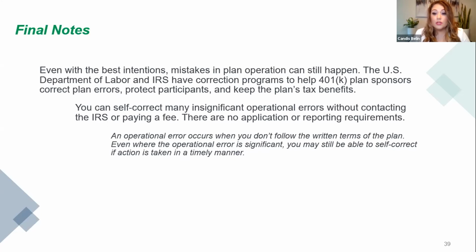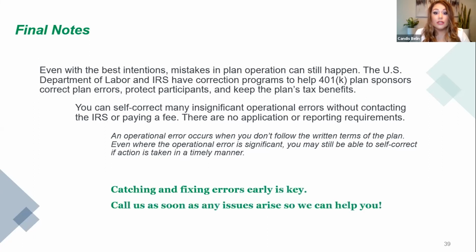And there's no application or reporting requirements. An operational error occurs when you don't follow the written terms of the plan. And even when the operational error is significant, we may still be able to self-correct if action is taken in a timely manner. So catching and fixing errors early is key, and call us as soon as you have any issues so we can help you.